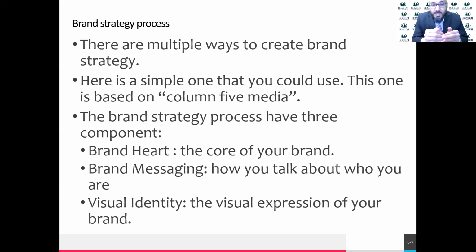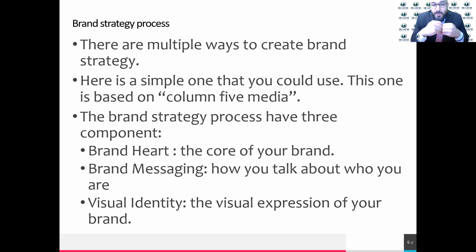There are three things that we should consider in the brand strategy process. These are the brand heart, which is the core of your brand. What is the main thing about your brand? Brand messaging, how you talk about who you are.